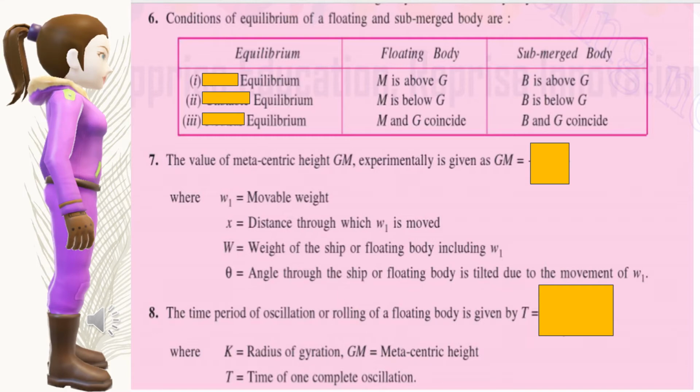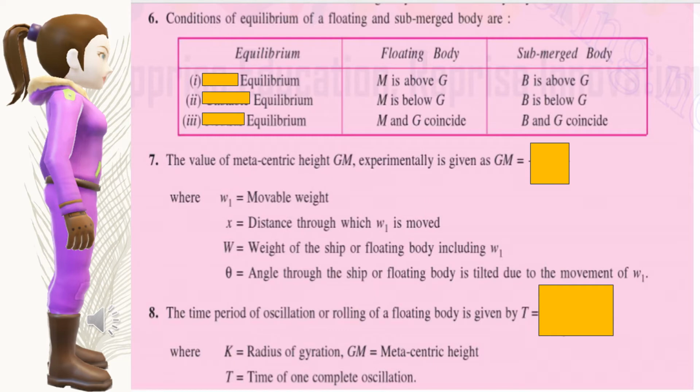Sixth one, conditions of equilibrium of a floating and submerged body are: first one, dash equilibrium means capital M is above G in floating body, capital B is above G in submerged body.